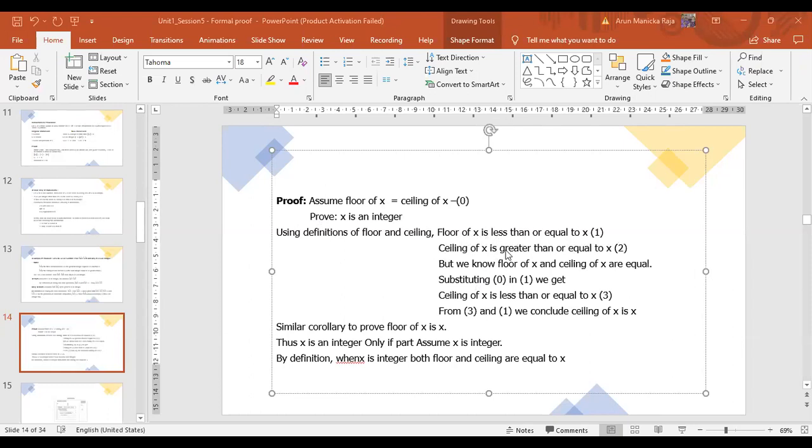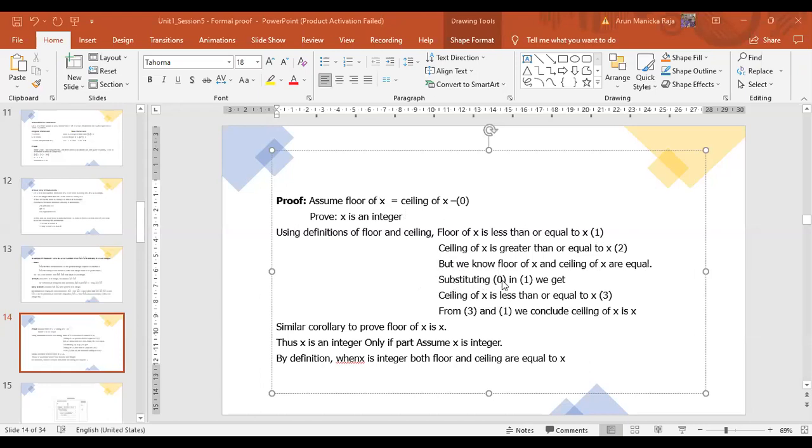And next, ceiling of x is greater than or equal to x. These are the two terms I have taken from the definition of the floor and ceiling function, which we already have in maths. I consider these the first equation and second equation. But we know floor of x and ceiling of x are equal. How do we know? We have already assumed that both are equal.